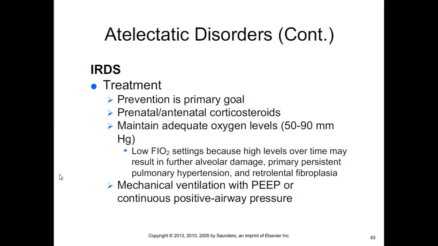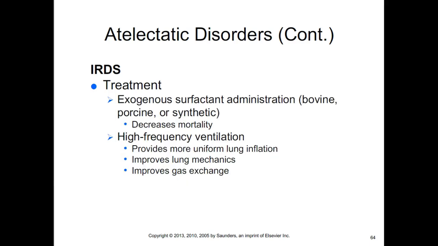Mechanical ventilation with PEEP or continuous positive airway pressure may be necessary. Exogenous surfactant administration, usually either bovine, porcine, or synthetic, is really, really important to decrease mortality in these children, right? And high frequency ventilation provides a uniform lung inflation, also improves lung mechanics and improves gas exchange.